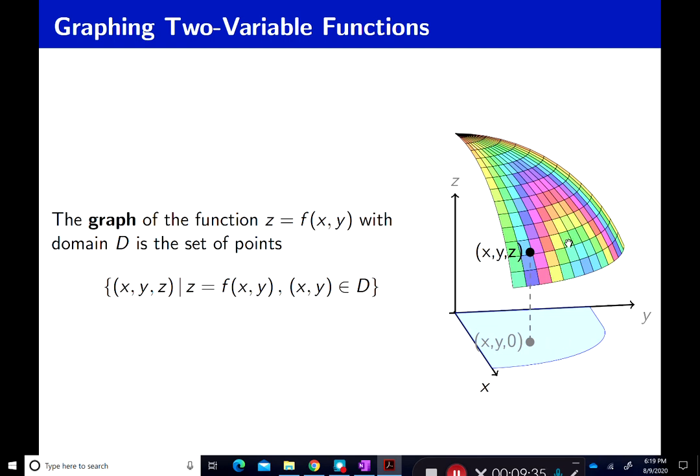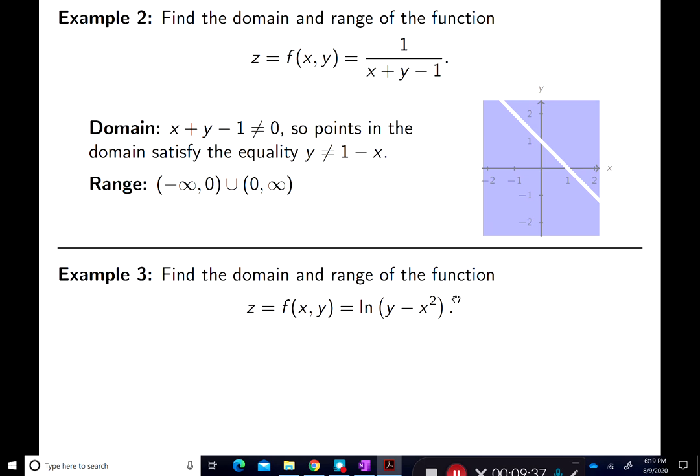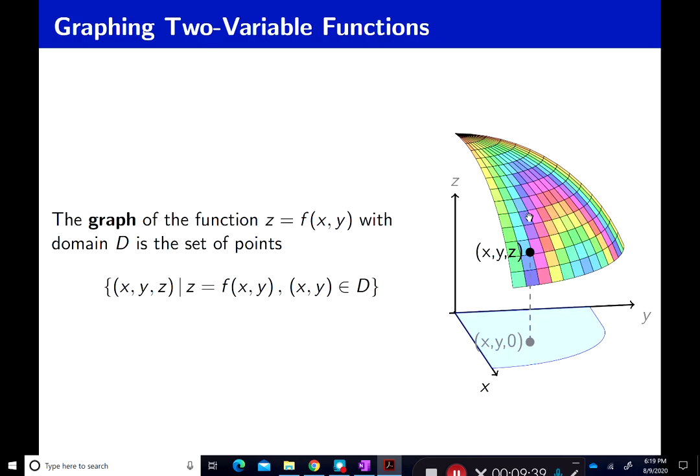The graph is the colorful area above that, and so for every point x, y in the domain, and since I'm in 3 dimensions, I'll put a 0 in here also, I can find a z-value for f of x and y.